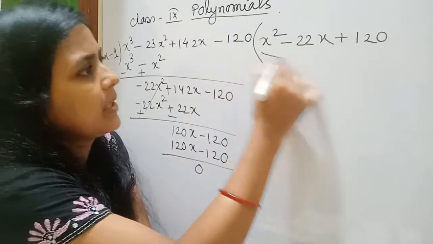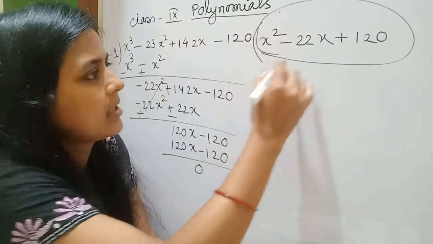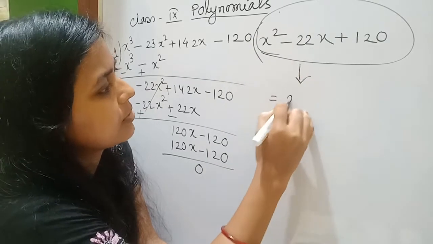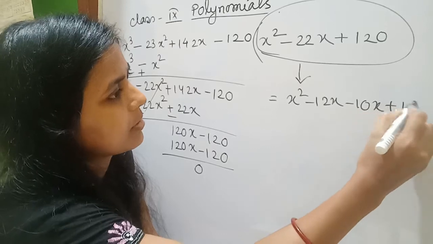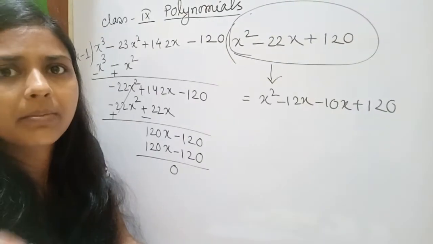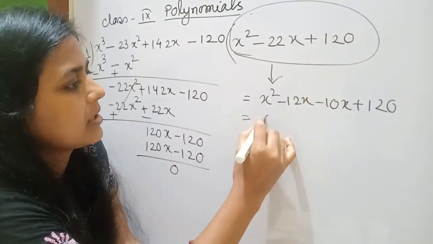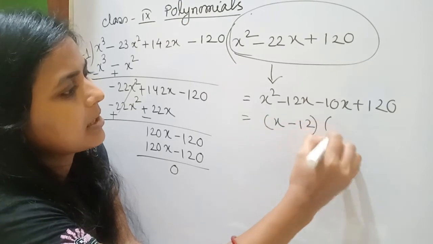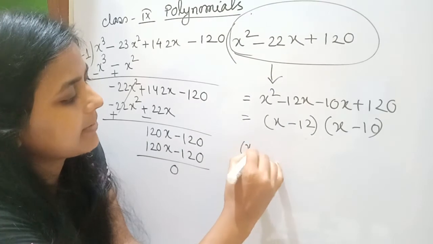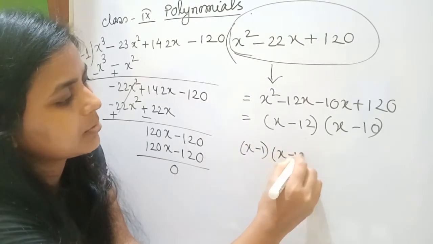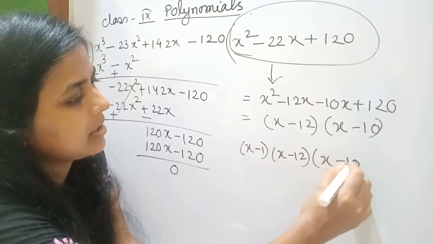Okay, so look, we have got the quotient like this, and this quotient can be factorized into x square minus 12x minus 10x plus 120. That means it can again be written as x minus 12 into x minus 10. So ultimately we are getting the factorization as x minus 12 into x minus 10 into x minus 1.